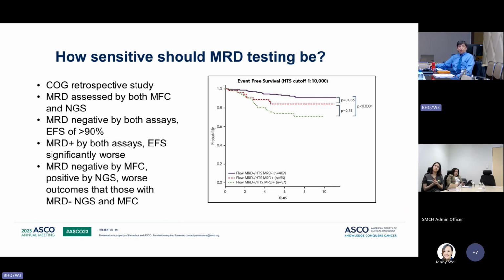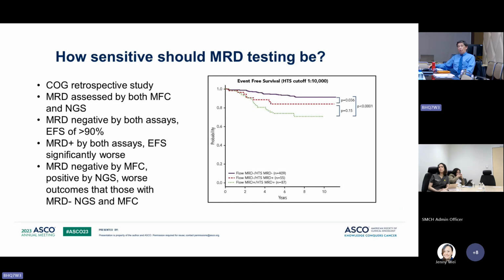How sensitive should it be? This was a study of ALL, acute lymphoblastic leukemia, and it came out of COG, the Children's Oncology Group, and it was retrospective. The big question, and still the question, is what's the best test? They were comparing flow cytometry to molecular, and they identified a cohort of patients that were negative in both assays.